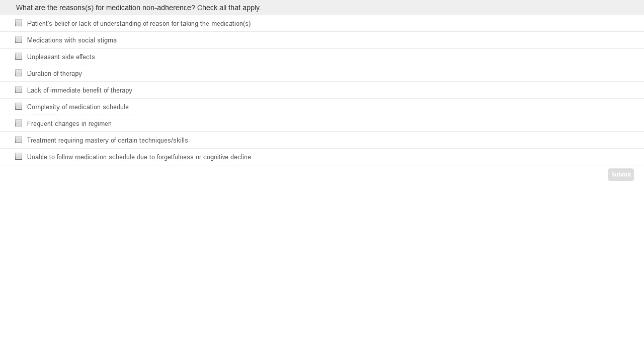So if that's so common, people are not managing their medications or discontinue them prematurely, what are some of the reasons for medication non-adherence? Look at the reasons there and check any one of those, or if you identify more than one reason, check them all.